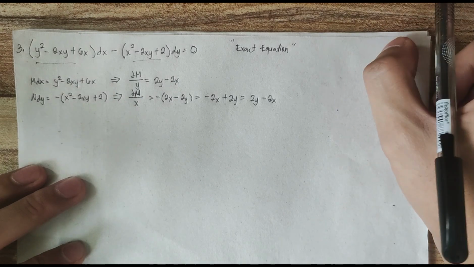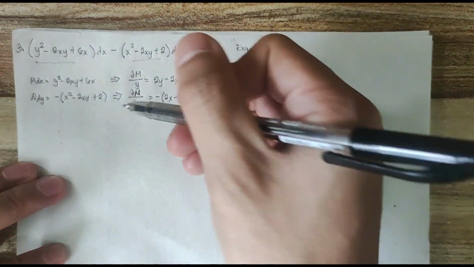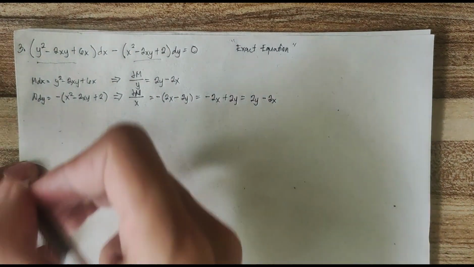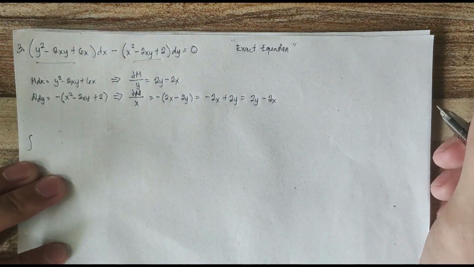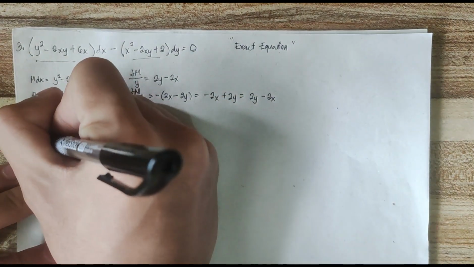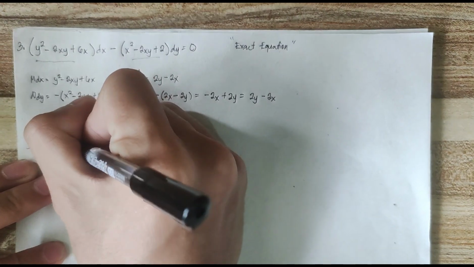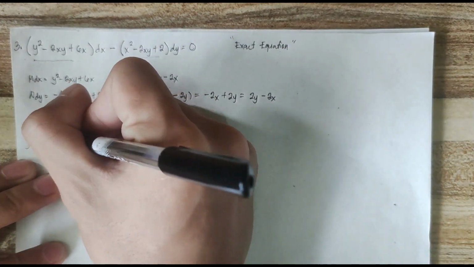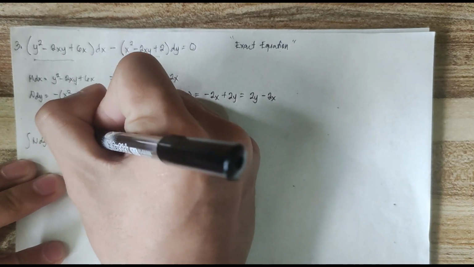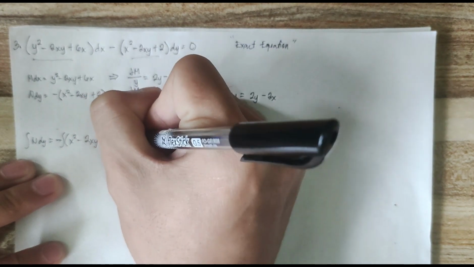So to start the technique of exact equation, we simply choose one of these two to integrate. So in this juncture, I choose N dy. So the integration of N dy is equals to negative integration of the quantity of x squared minus 2xy plus 2 dy.